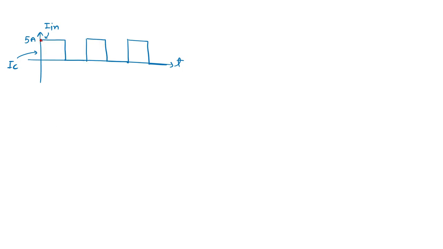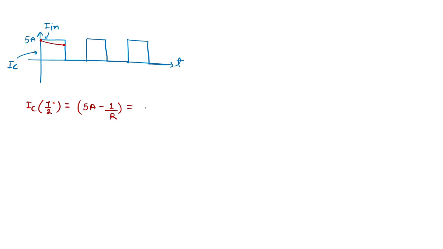Let me call this capacitor current as the capacitor voltage reaches 1 volt. So what is the capacitor current at T by 2? Let's say the capacitor has reached 1 volt, then it will be 5 ampere, which is the input current, minus this 1 volt divided by the resistor.